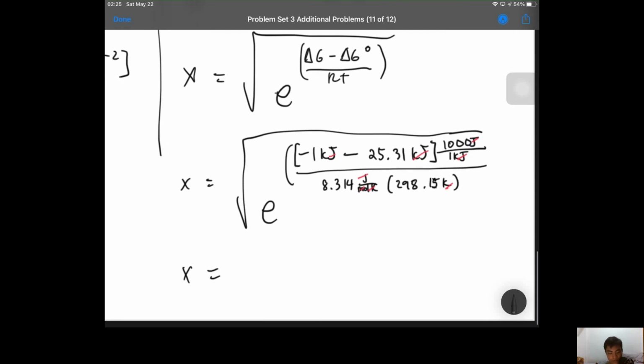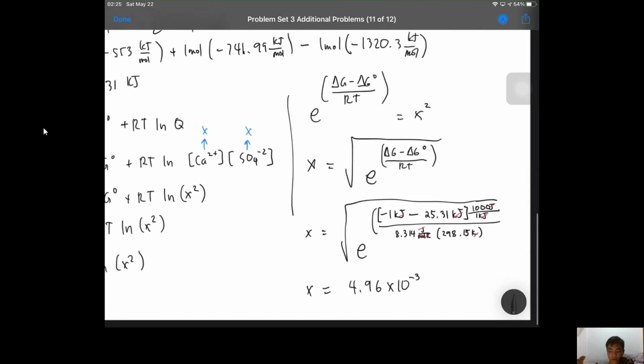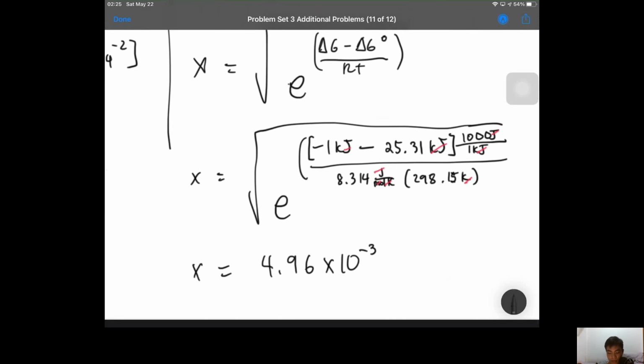So x is 4.96 times 10 raised to negative 3. So this must be the concentration of calcium and sulfate ion. Okay? So the concentration of calcium 2 plus and the sulfate must be equal to 4.96 times 10 negative 3 molar.